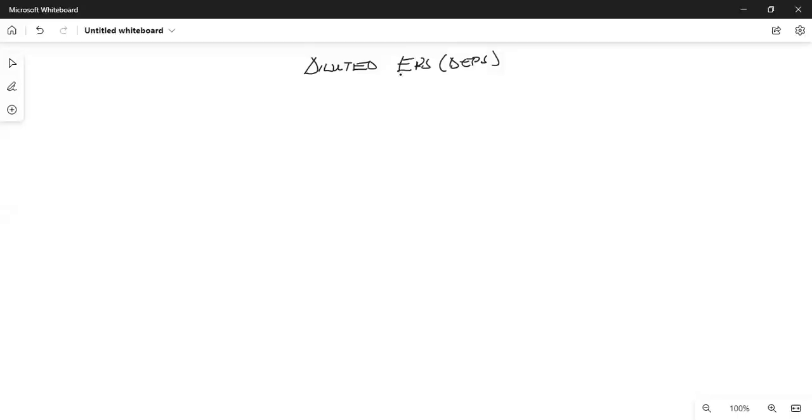All right, guys. So we move on to diluted earnings per share, DEPS. Now, what you need to know is that the equity share capital of a company might increase in future due to circumstances that may exist now.